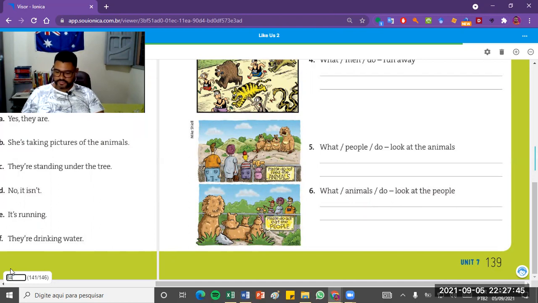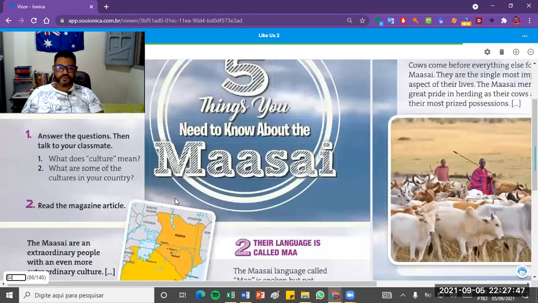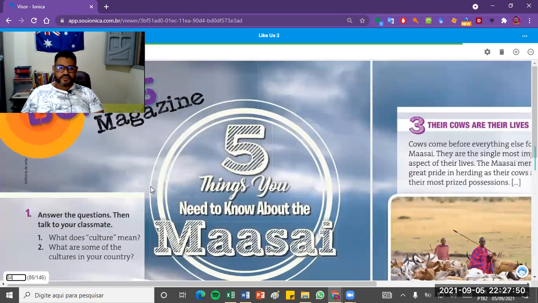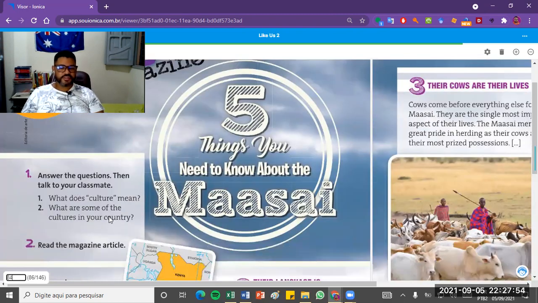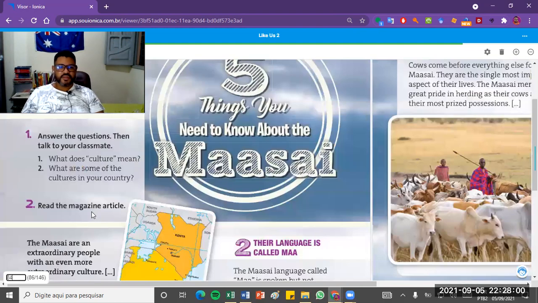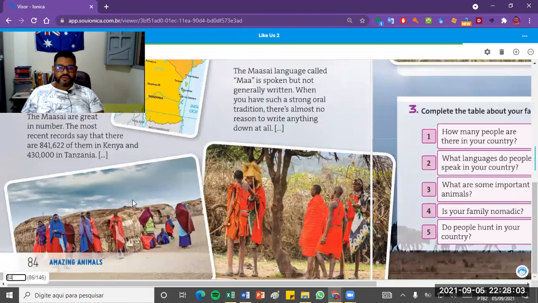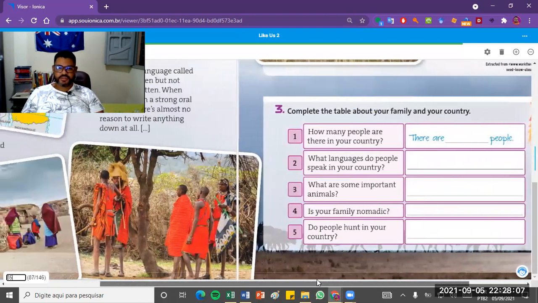Let's go to page 84 first. You guys, first of all, answer the questions, then talk to your classmates. So you guys can only answer that. This will be enough. Então, se vocês apenas responderem, já será suficiente. Então, leiam aqui o texto para responder as perguntas na página 85.